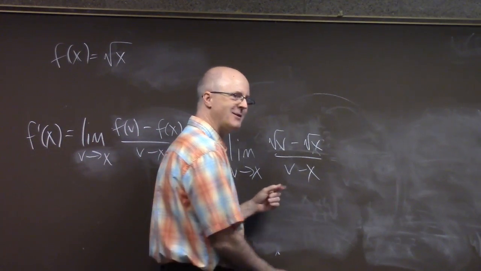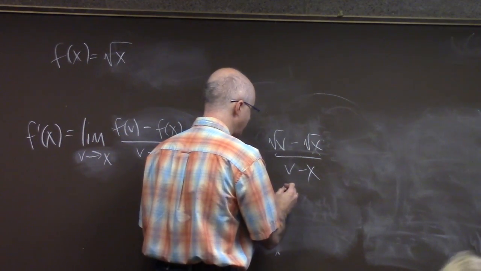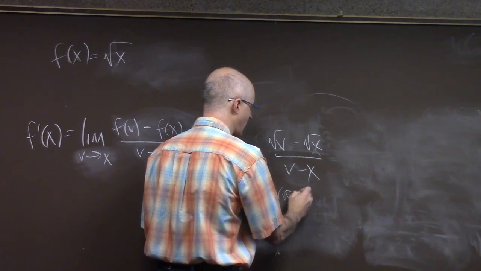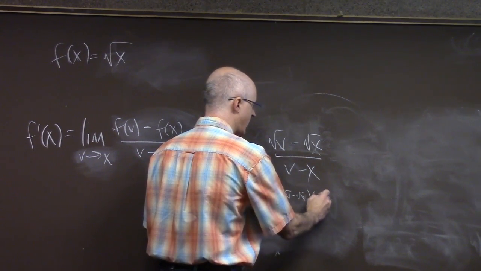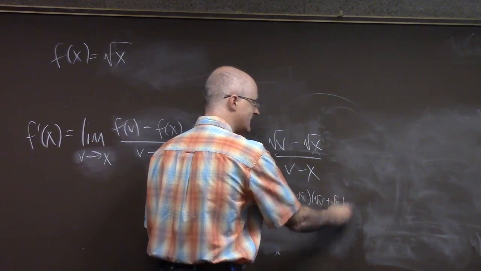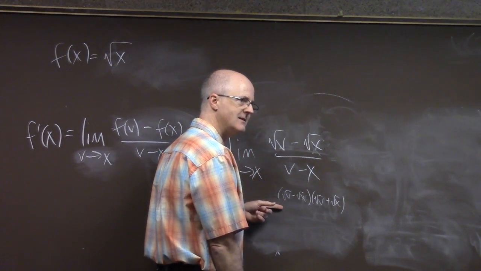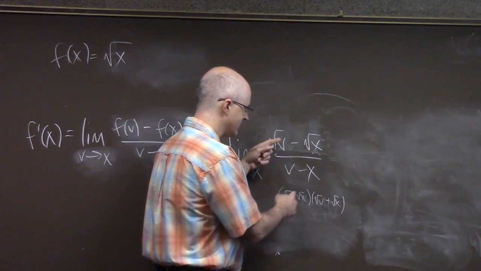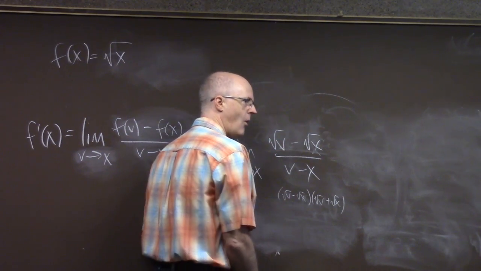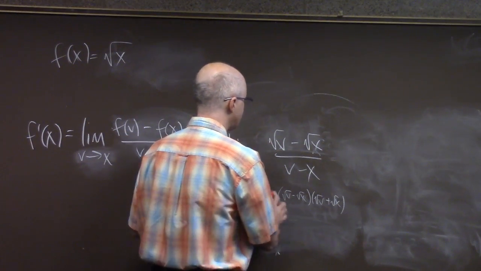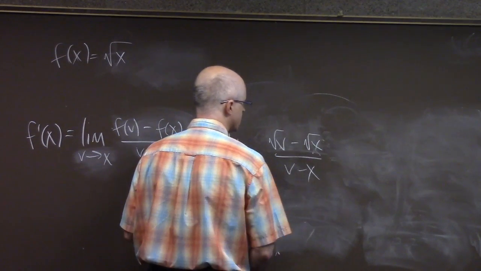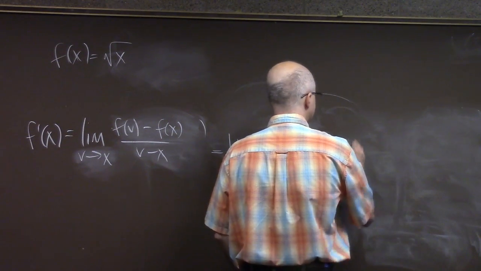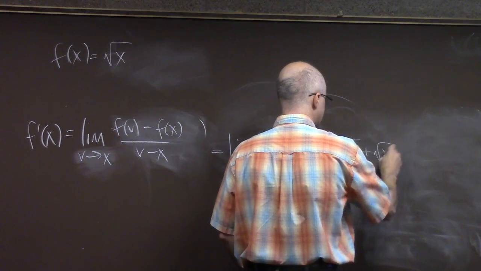You could try to factor the bottom as the square root of v minus the square root of x times the square root of v plus the square root of x. It does factor like that, as long as v and x are positive. And then cancel there and there. Or a trick that works more generally, including with the other limit, is to multiply the top and the bottom by this.